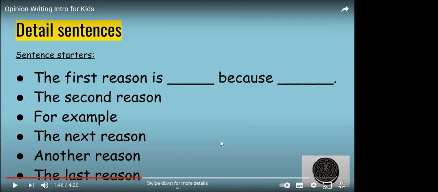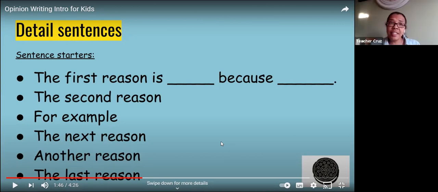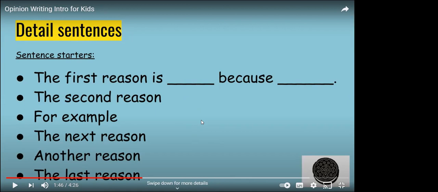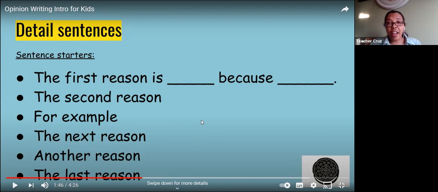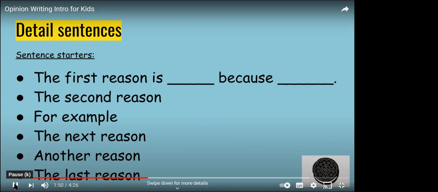When you're using these phrases, what are you doing to your paragraph? Yes, actually, you're adding information. So you use them to add information to your paragraph. The next reason, another reason, or the last reason.